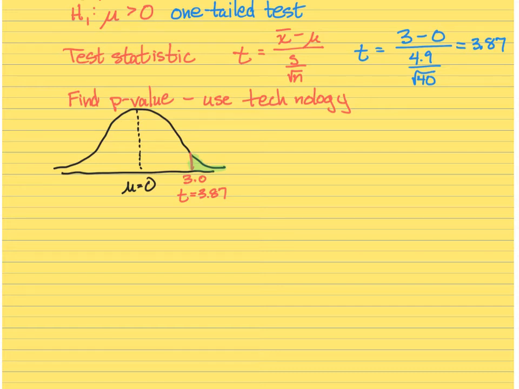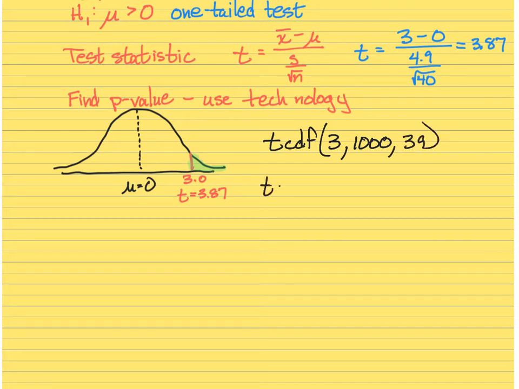So remember, to find areas under t distributions using your calculator, you use the TCDF function. And in this case, we type in the lower bound for our green area. So 3 is the lower or the left boundary. And then the right boundary is some big number. I'll put in 1,000. And then you put in the degrees of freedom.